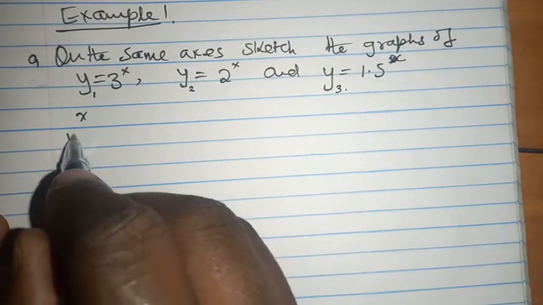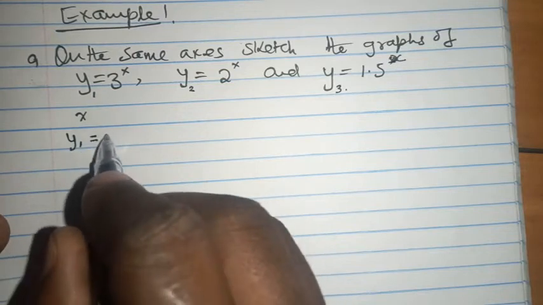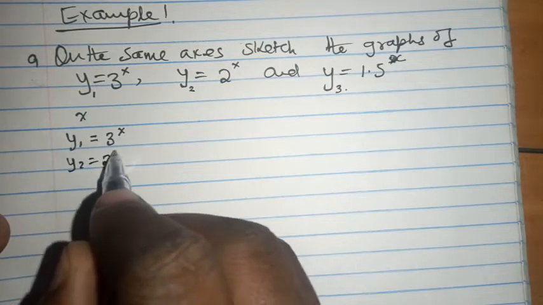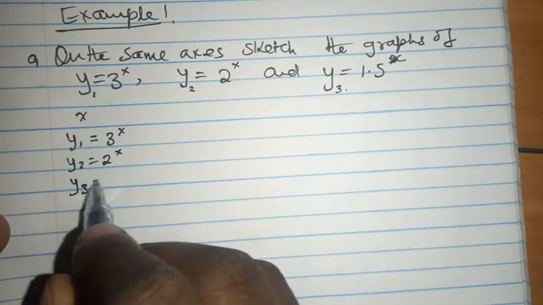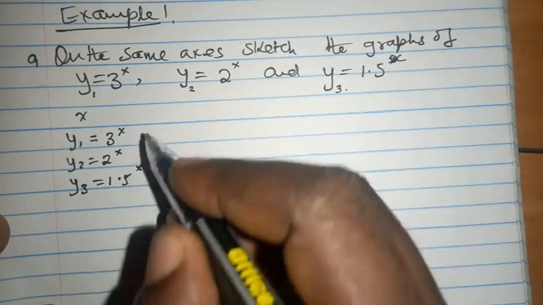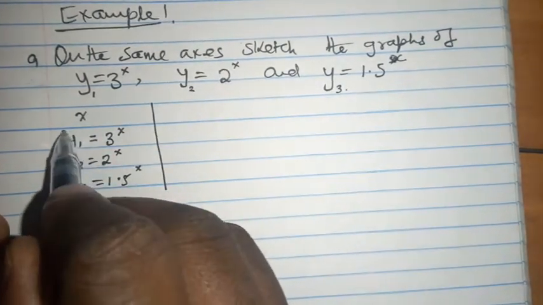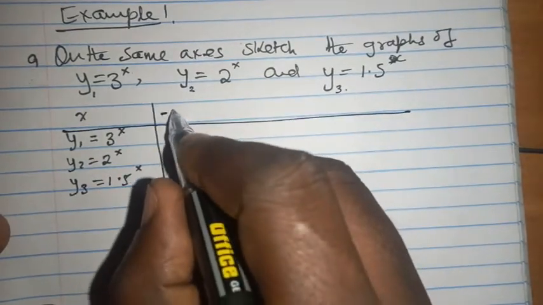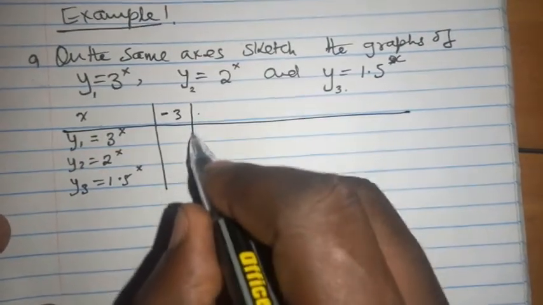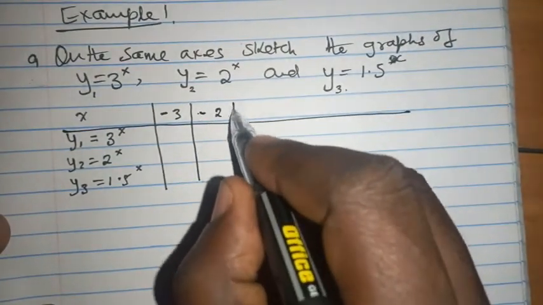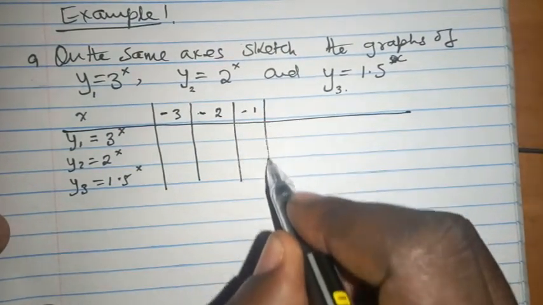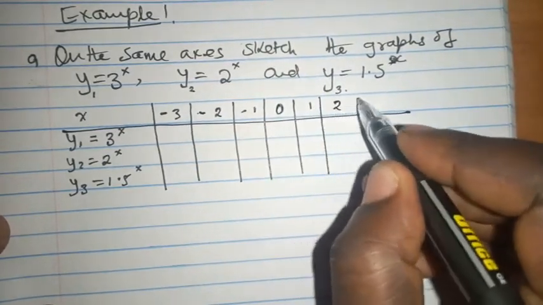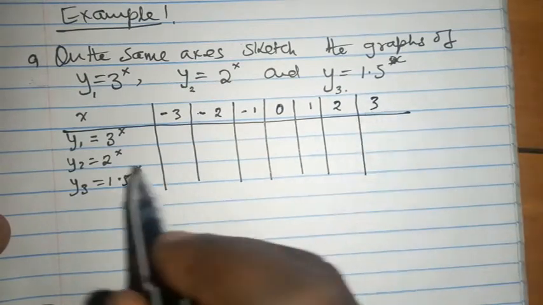So y1 is 3 raised to power x, y2 is 2 raised to power x, and y3 is 1.5 raised to power x. When x is minus 3, minus 2, minus 1, 0, 1, 2, and let's reach 3.